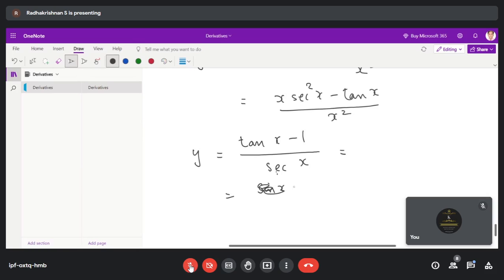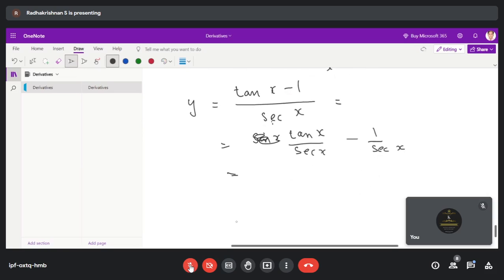So we can write it first like this, tan x by secant x minus 1 by secant x. So what is tan x by secant x? Sin x by cos x into cos x, 1 by secant x is cos x. That is simply sin x, right? Minus, this is cos x.